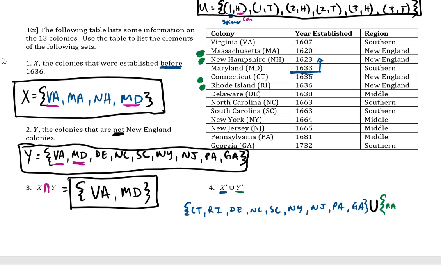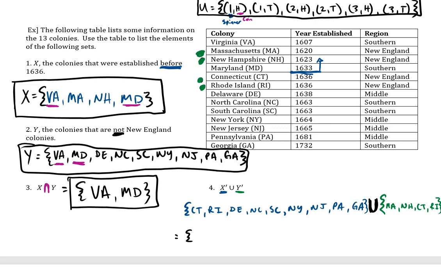And so we have Massachusetts, New Hampshire, Connecticut, and Rhode Island, and just barely squeezed it in. All right, and then now at this point, the union symbol. I'm just bolding it. The union symbol means to include all of these elements together, just don't repeat any.